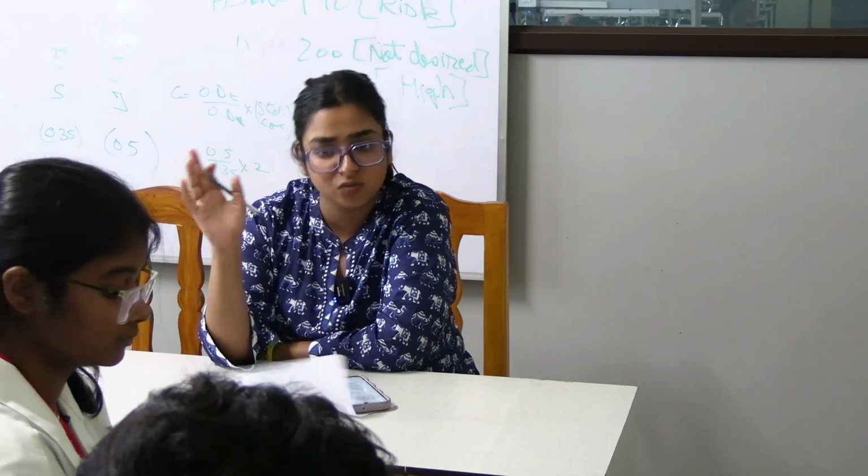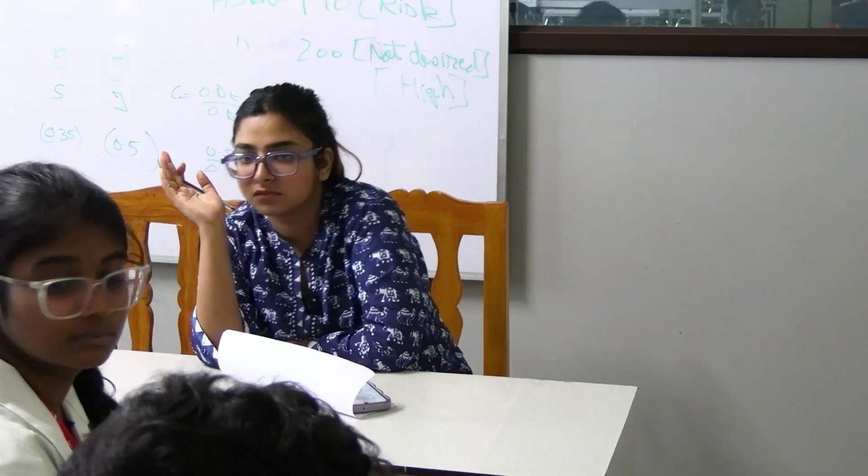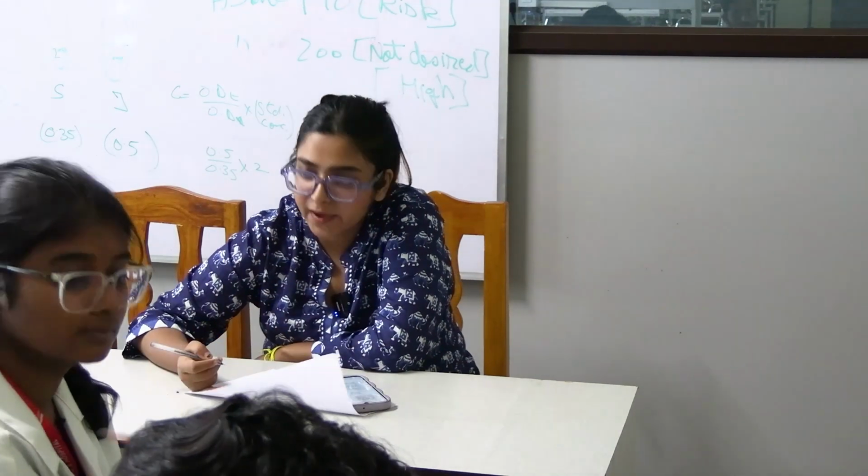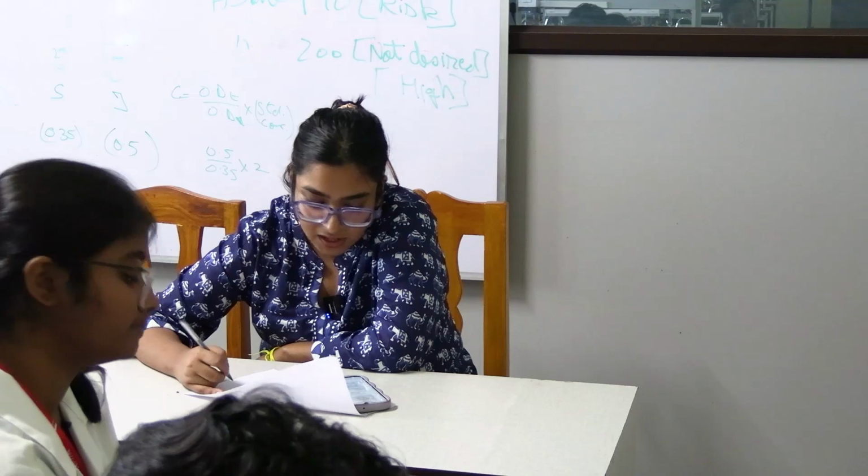Besides that, you can see hemoglobin, chloride, sodium, potassium, calcium. So many things you can detect. And if there is any electrolyte imbalance, you can also correct it by looking at the ABG.